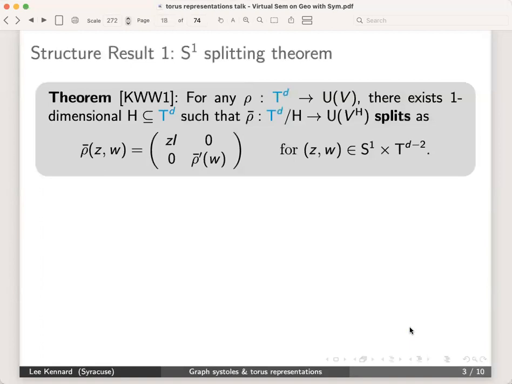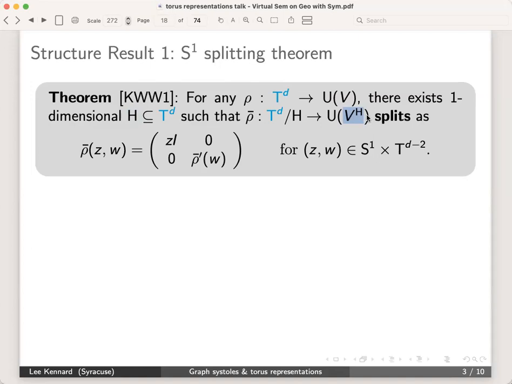All right, so let me discuss this splitting theorem. I'll state it, I think, as simply as I can. So you have a torus representation. It's a faithful representation, and this might not split. That's easy to write down examples. However, you can pass to a one-dimensional subgroup and look at its fixed point set. H is a circle, maybe, but it's usually a disconnected one-dimensional subgroup.